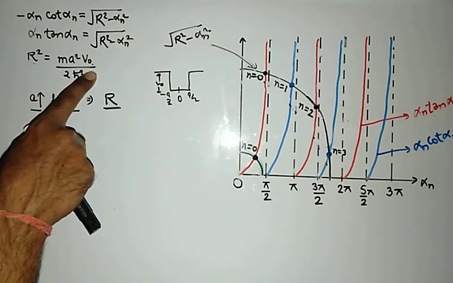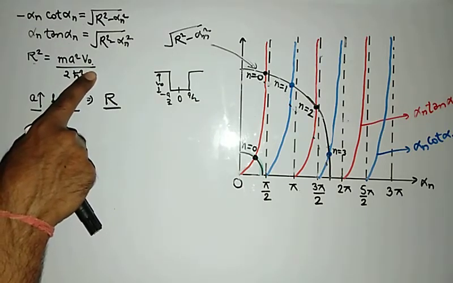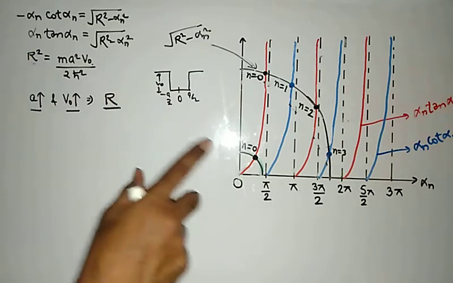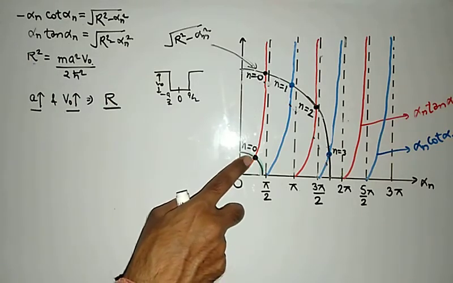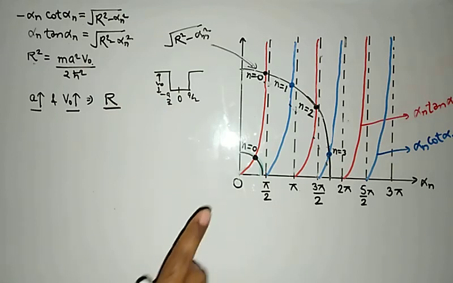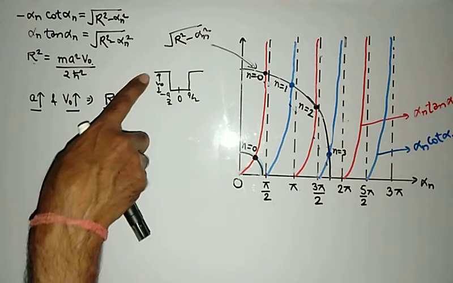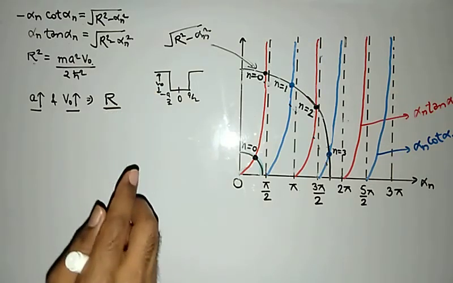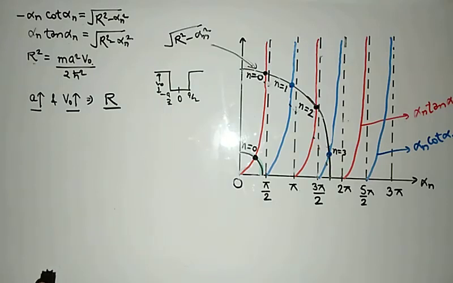For small values of V naught, we get R, and when we get R, we will get this intersection point. It means that we will get at least one bound state, no matter how small V naught is.